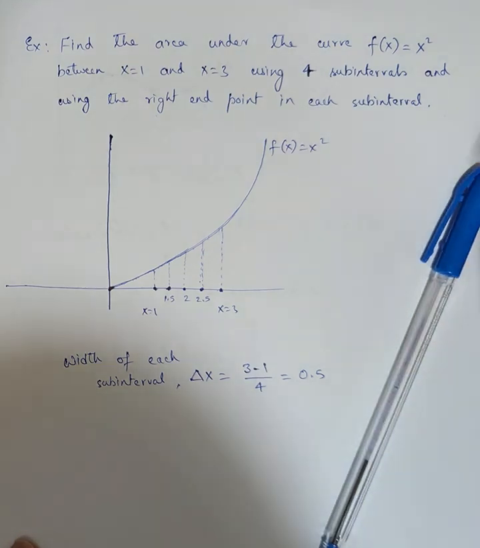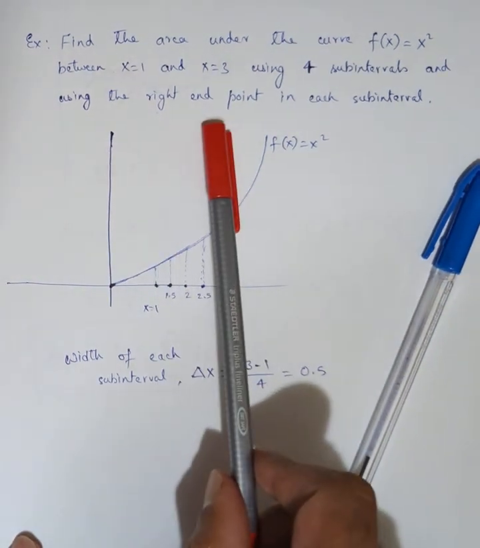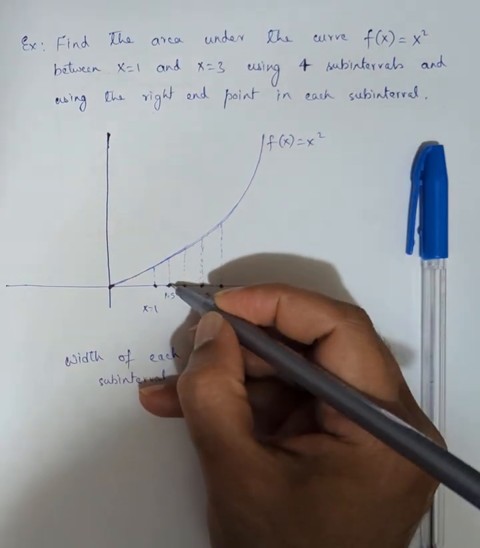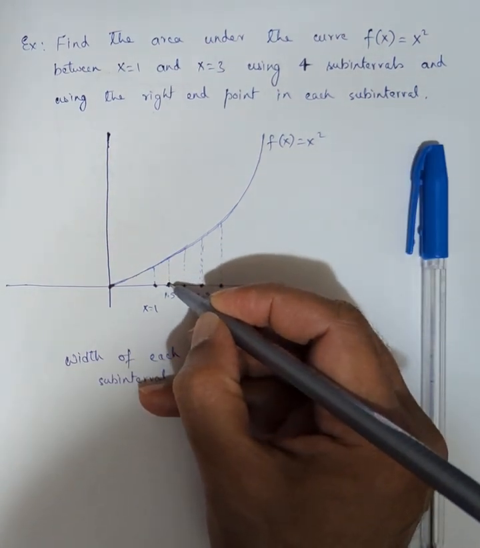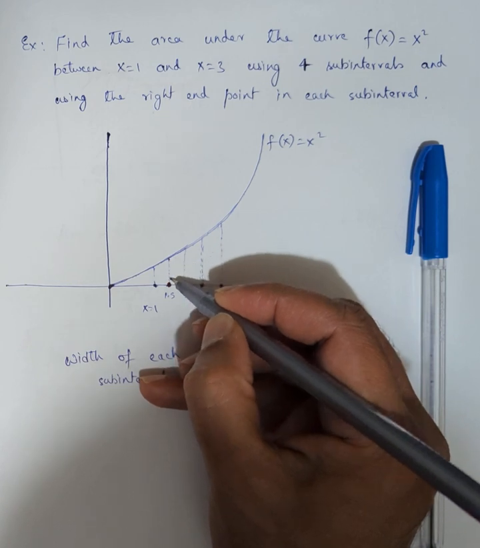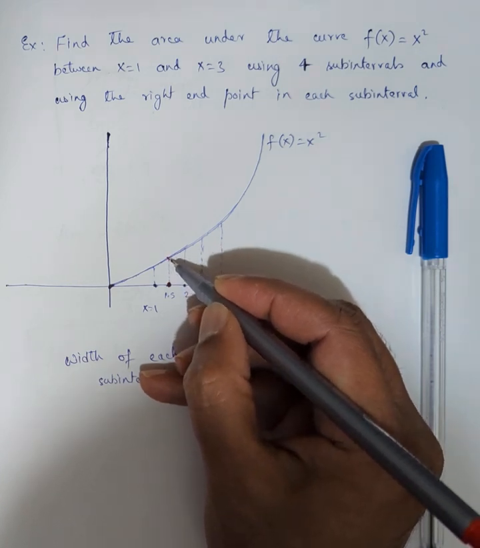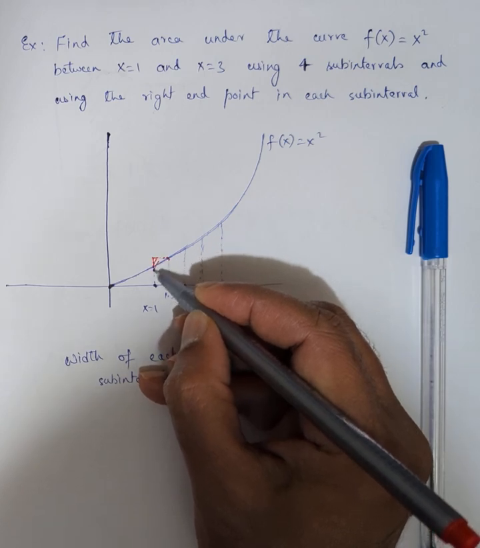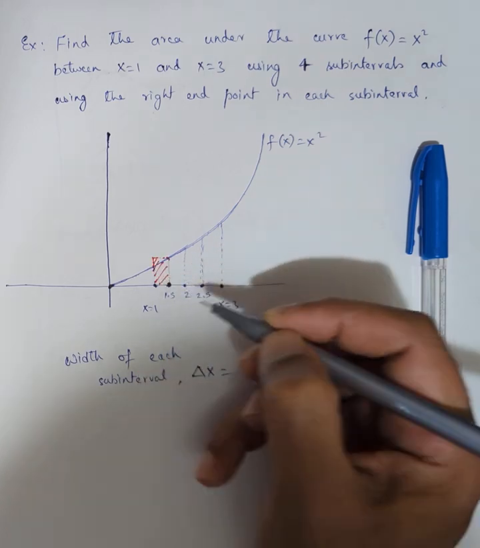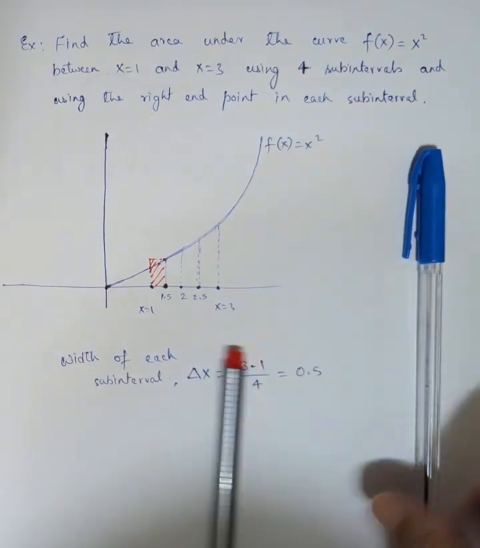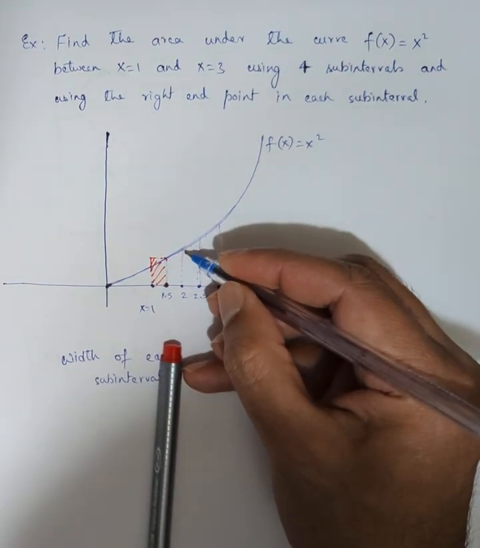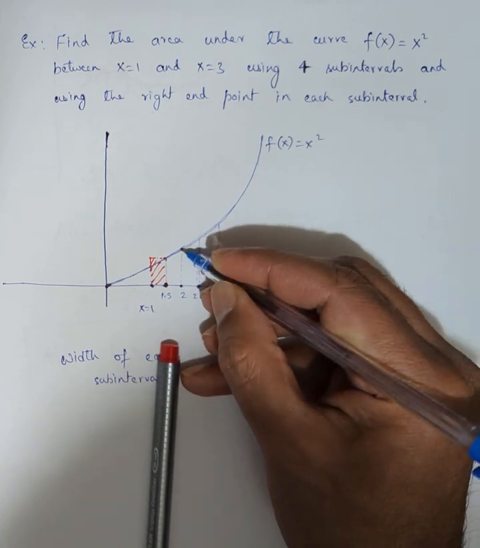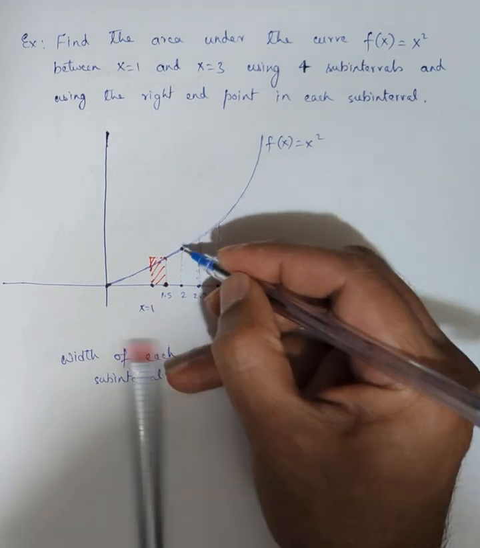And we are told to use the right endpoint, which means for the first subinterval, x1 is going to be here, which means I'm going to find the area of this rectangle, which you can see is actually overestimating the area under the graph. For the second subinterval, we are going to use this endpoint.